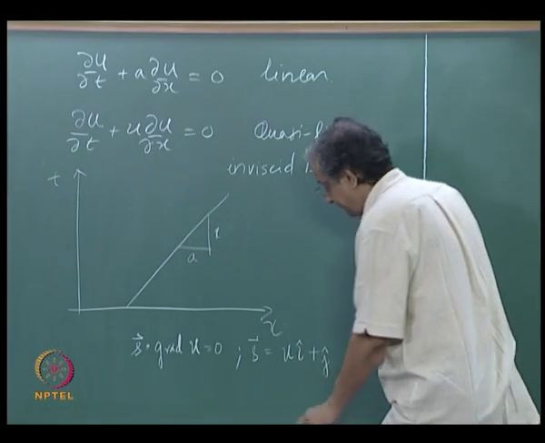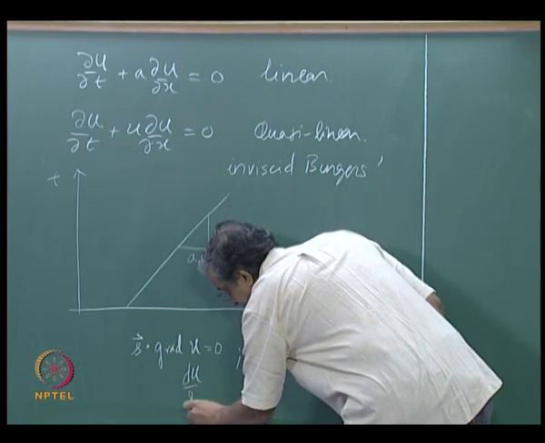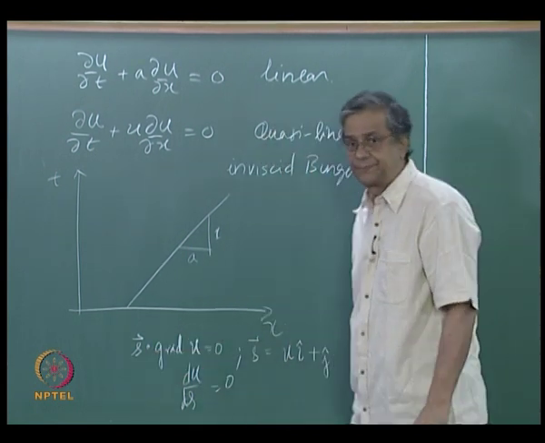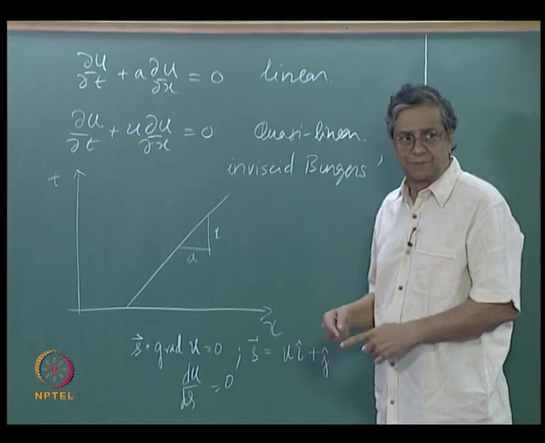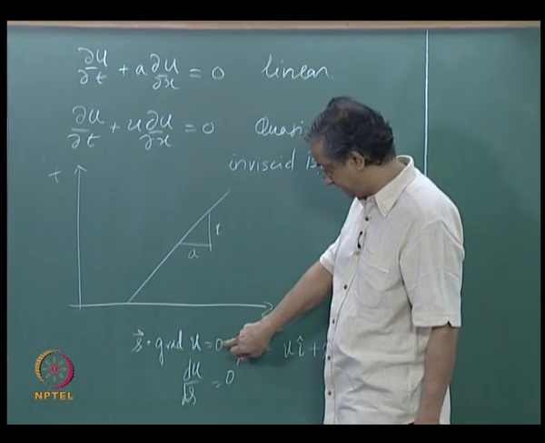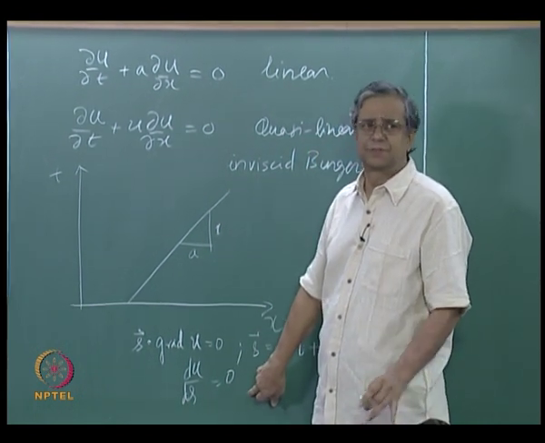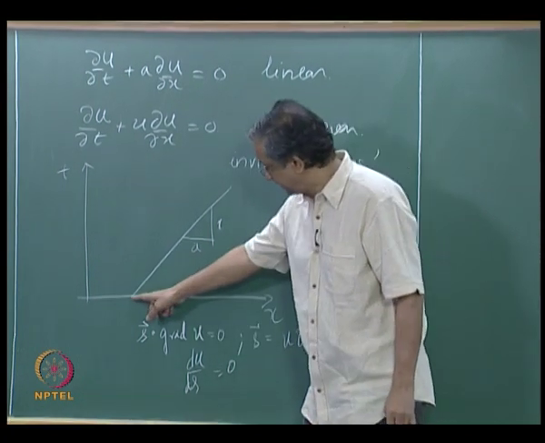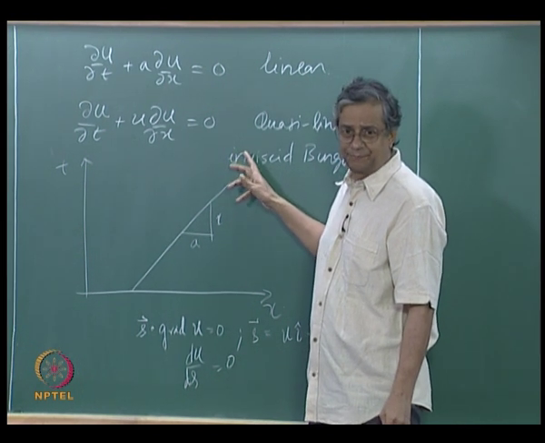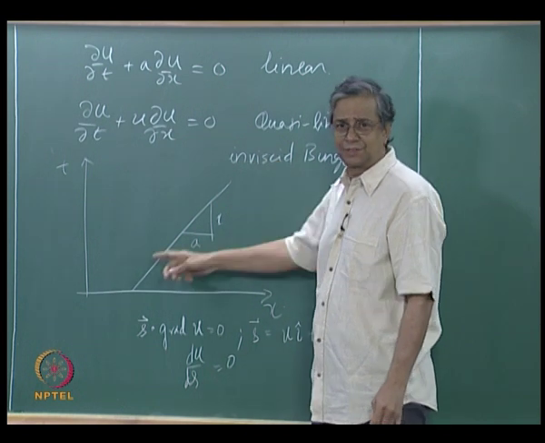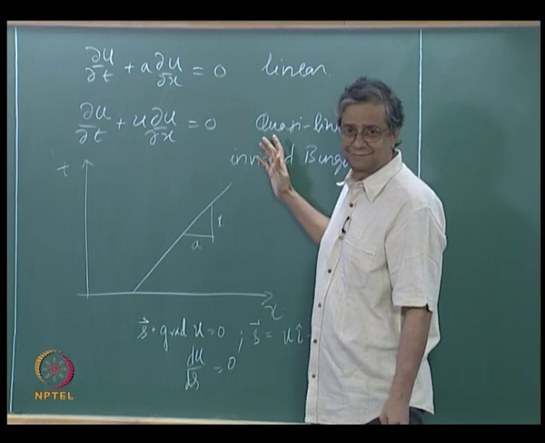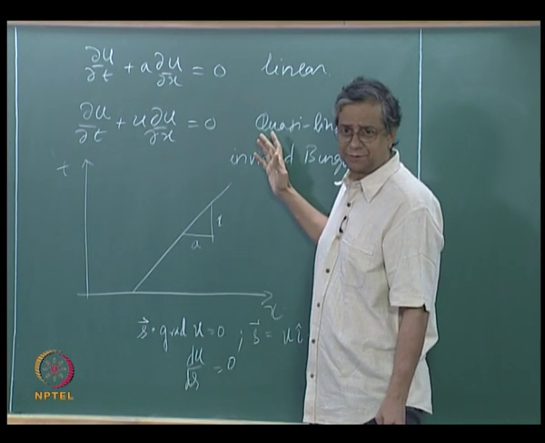You still have du ds equals 0, where s is measured along this direction. Because the right hand side is 0, along this line u is a constant. And along this line, if u is a constant, the propagation speed is a constant. Does that work for you?